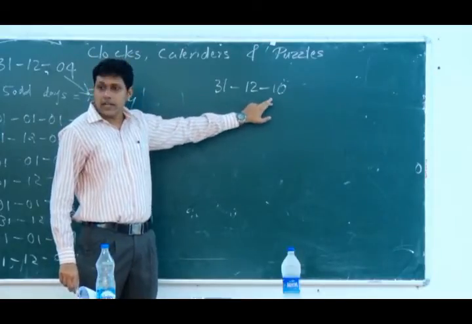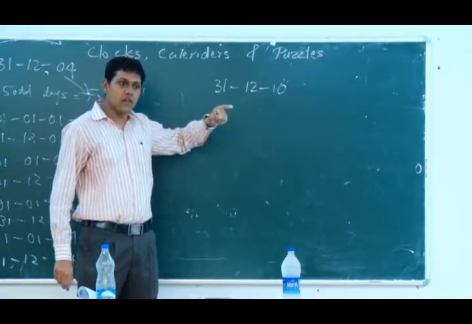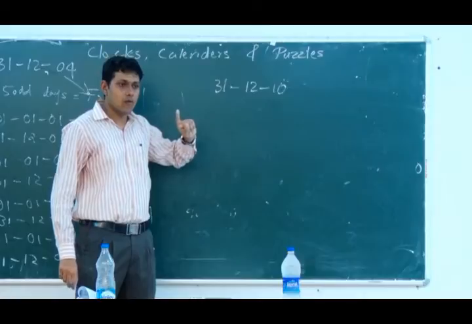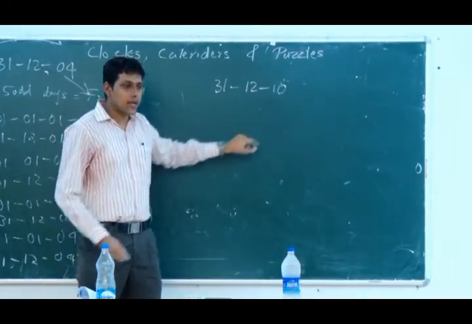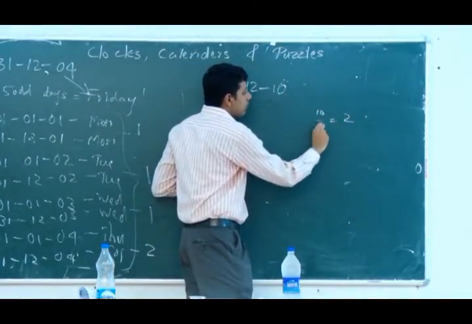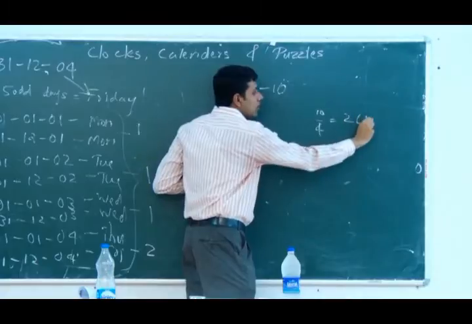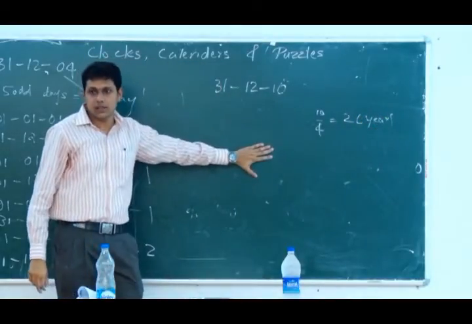So for 10 years, from normal years we will have 10 odd days. Because of leap years we will have extra odd days. How many leap years are there in 10 years? 10 divided by 4. We have 2 leap years in 10 years.